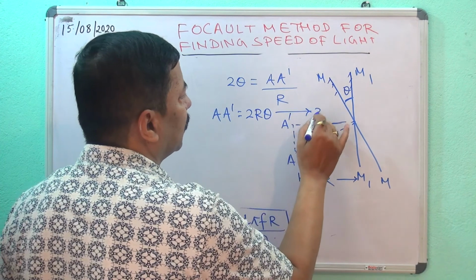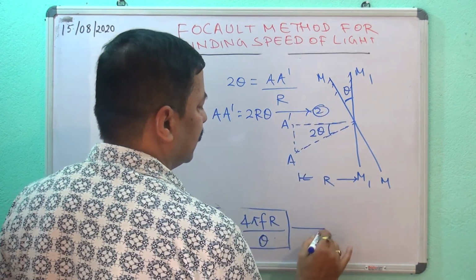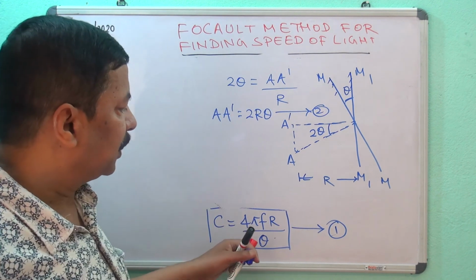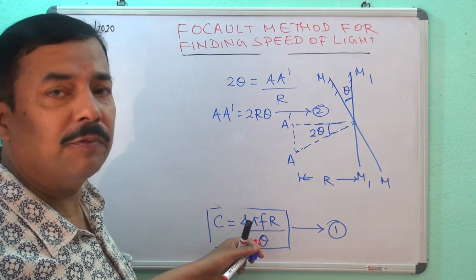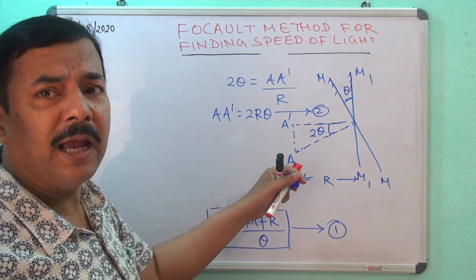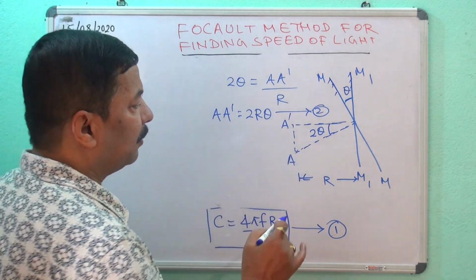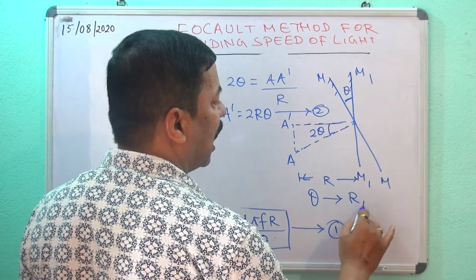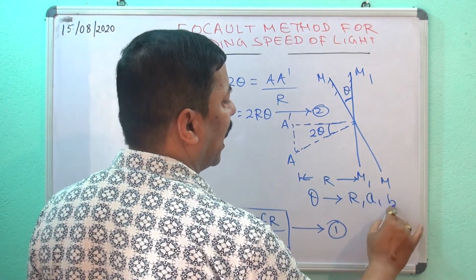Take this as equation number 2. Take the earlier one as equation number 1. I am in the process of finding the value of theta in terms of R, a and b. So my main objective is to express theta in terms of R, a and b.